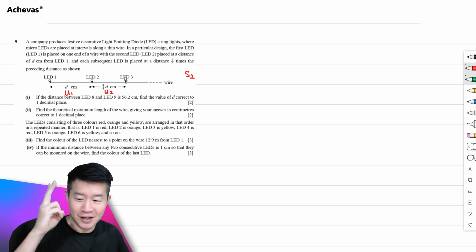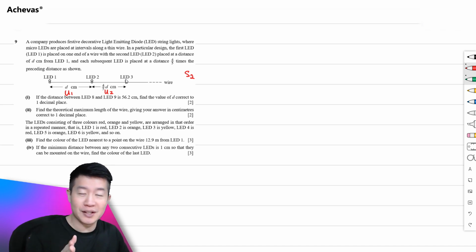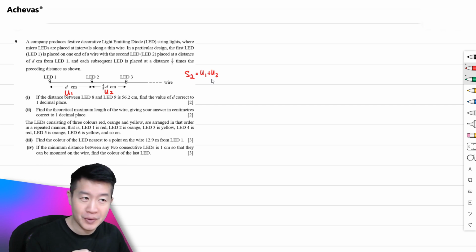So this is the way we are going to be viewing this question. Let me very quickly repeat: U1 is this distance, U2 is this distance, and S2, which is U1 plus U2, is not the distance between LED 1 and LED 2. This S2 is the distance between LED 1 all the way until LED 3.